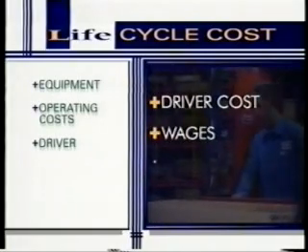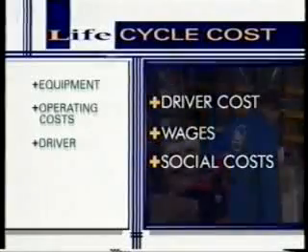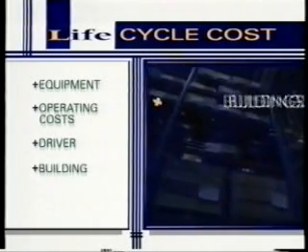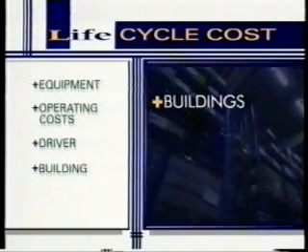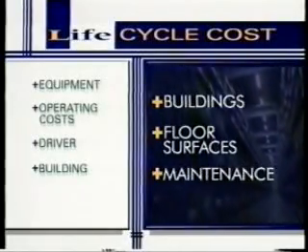The cost of labour in terms of driver or operator's wages and social costs are another significant factor in most conventional handling operations. And in order to establish a total picture, it may be necessary to take into account the cost of the building itself, investment in floor surfaces, and maintenance.